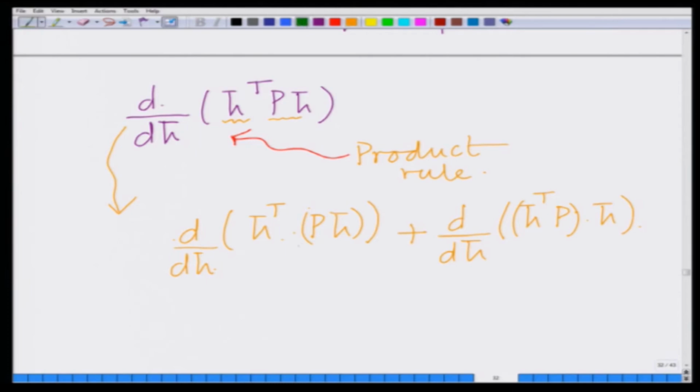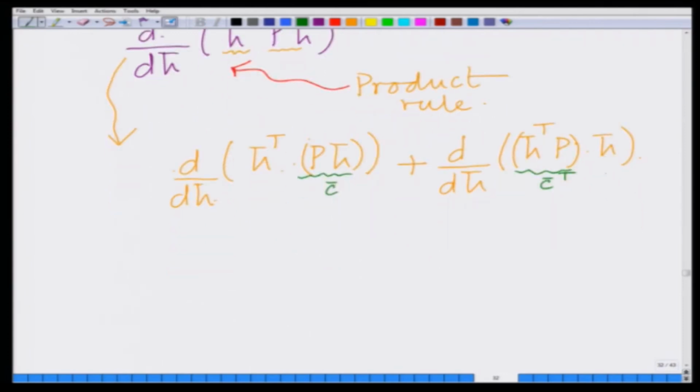So basically this is your c bar in this instance, and this is your c bar transpose, and we have already seen the derivative of h bar transpose c bar is nothing but c bar.